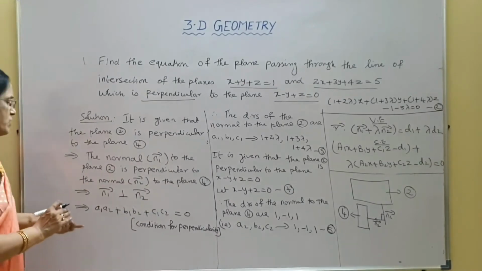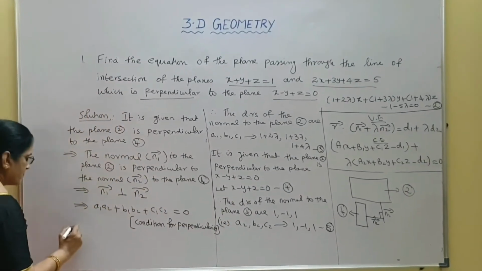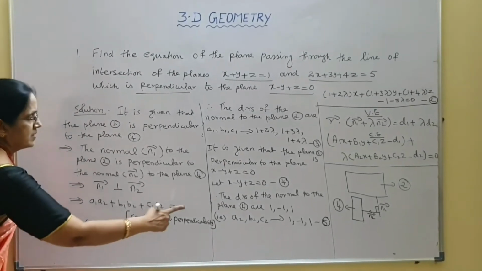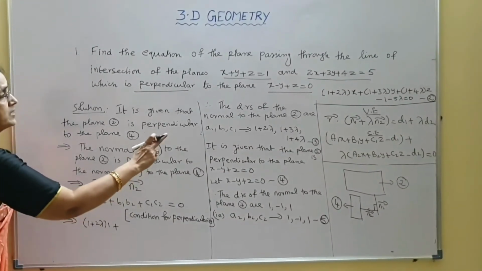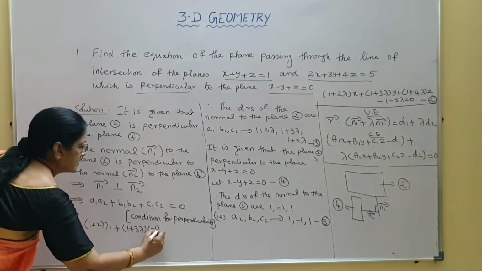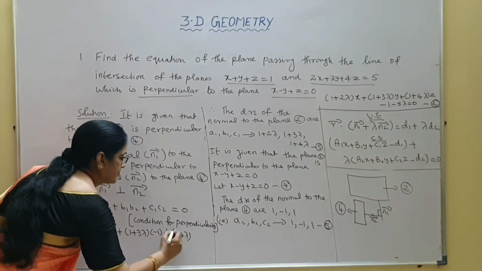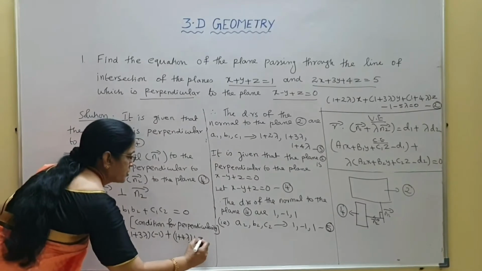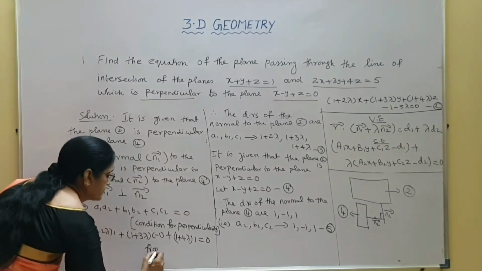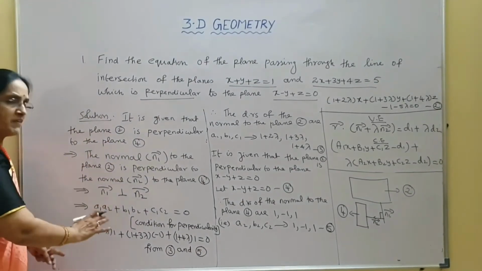Now let us substitute the values of a1, b1, c1, a2, b2, c2 from 3 and 5. We will be getting, this implies, 1 plus 2 lambda, A2 is 1, plus B1 is 1 plus 3 lambda and B2 is minus 1, plus C1 is 1 plus 4 lambda and C2 is 1, should be equal to 0. Now let us simplify this.